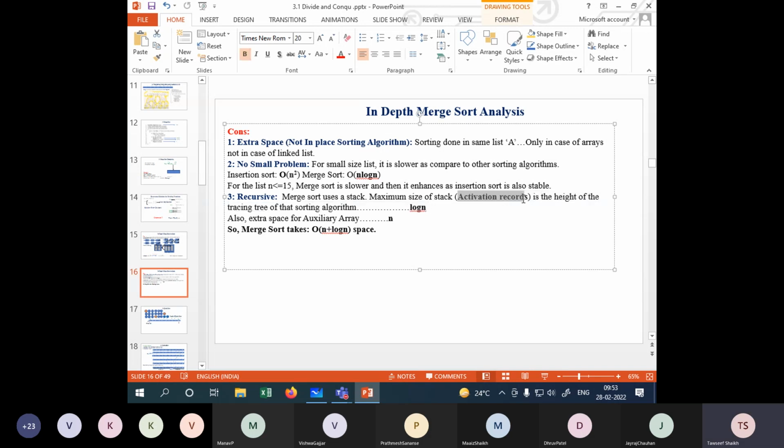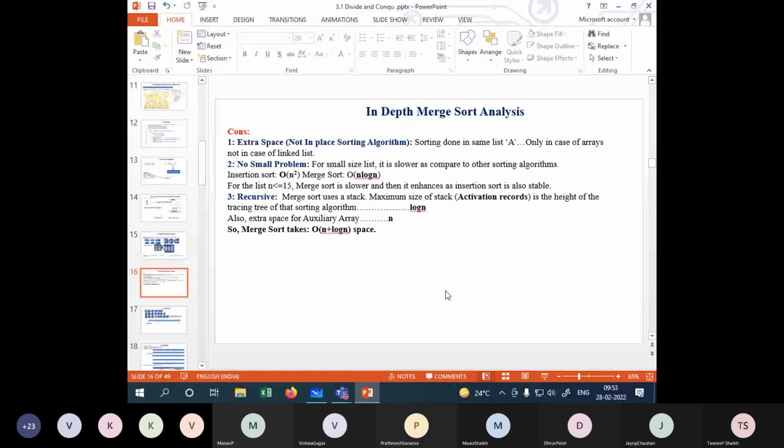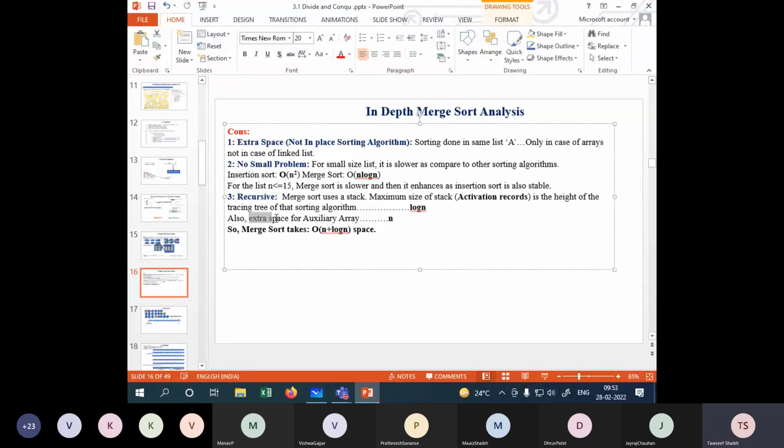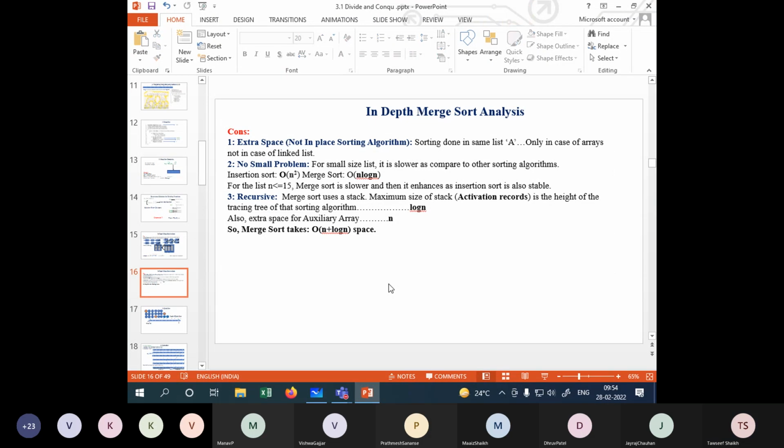The intermediate results which a recursive function stores when calling another recursive function are stored in an extra space, the stack, known as the activation record, and the height of that stack will be equal to log of n. In addition, it also needs an auxiliary array. When we do divide and conquer, we divide the original array into subarrays.